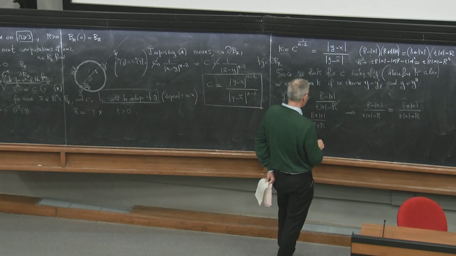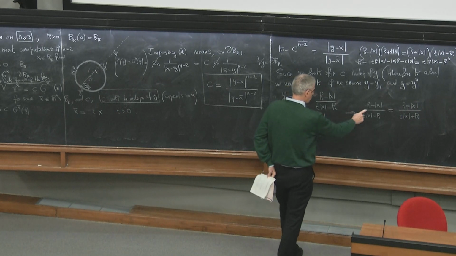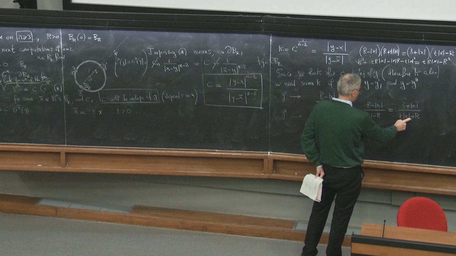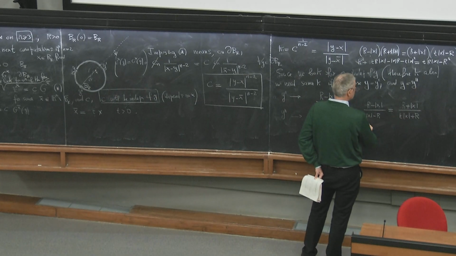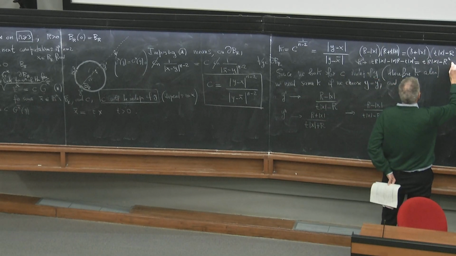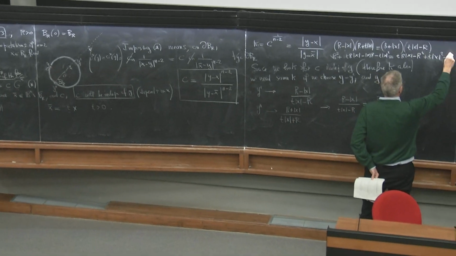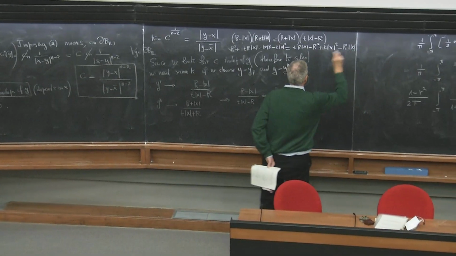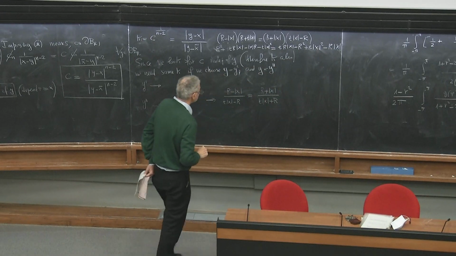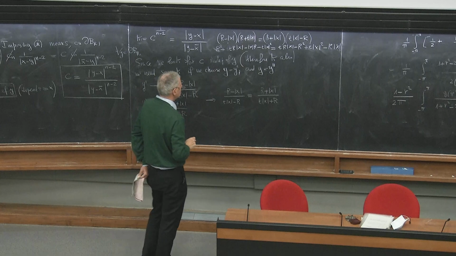Did I write correctly? So r minus x multiplied by r plus tx equal tx minus r. Okay. txr minus r square plus tx square minus rx. Cancellations.